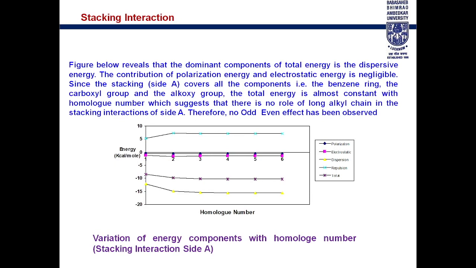Stacking interaction. Stacking interaction is divided into two parts, side A and side B. For this study, out of two molecules, one molecule is kept fixed. Another molecule is allowed to move and rotate or orient itself.